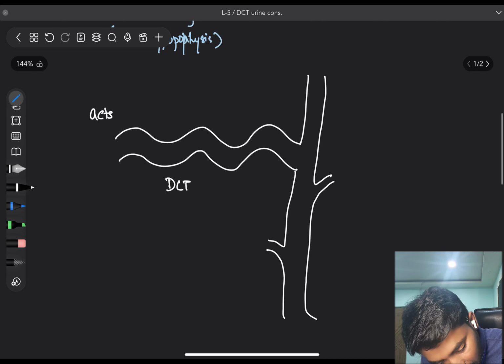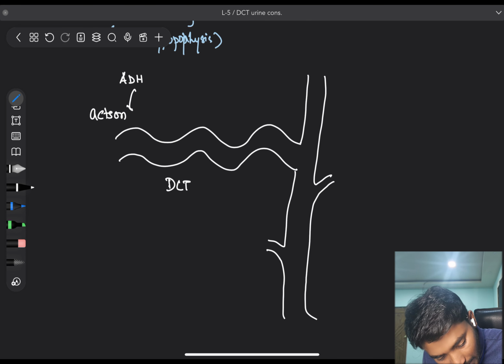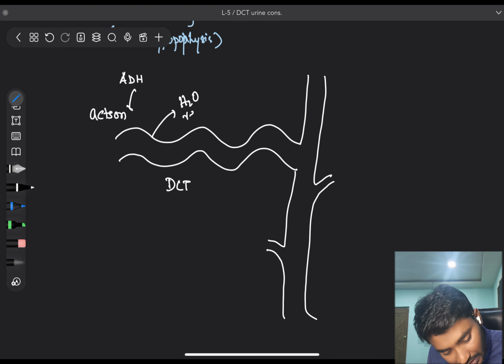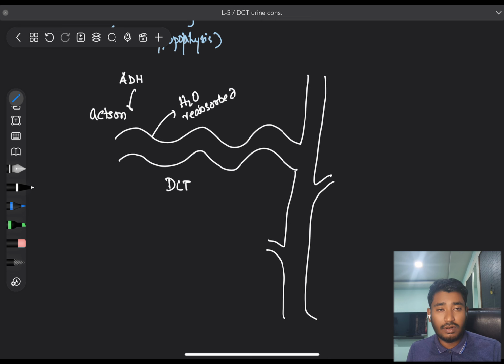Here the ADH, the antidiuretic hormone, acts on conditional reabsorption of H2O. H2O is reabsorbed. Okay, when the body is under stress or under dehydration, ADH is secreted to reabsorb water further from the DCT.